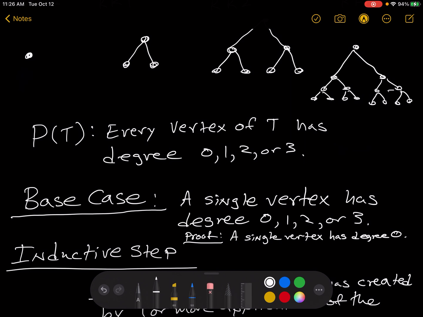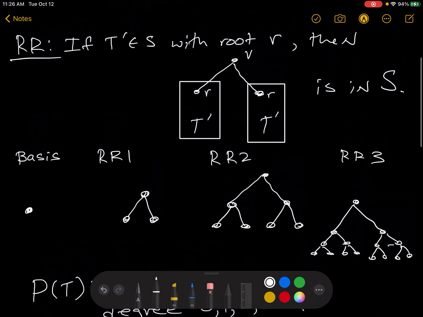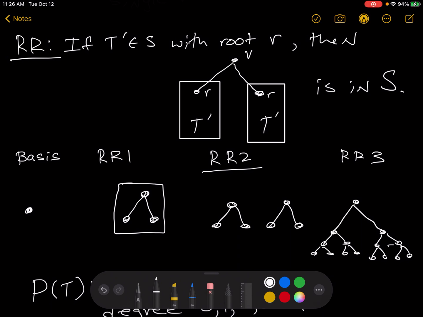All right, so now the setup. Just to jog your memory, the way our recursive rule works: let's look at how things are created by applying the recursive rule 2 times. We think of this as T prime.